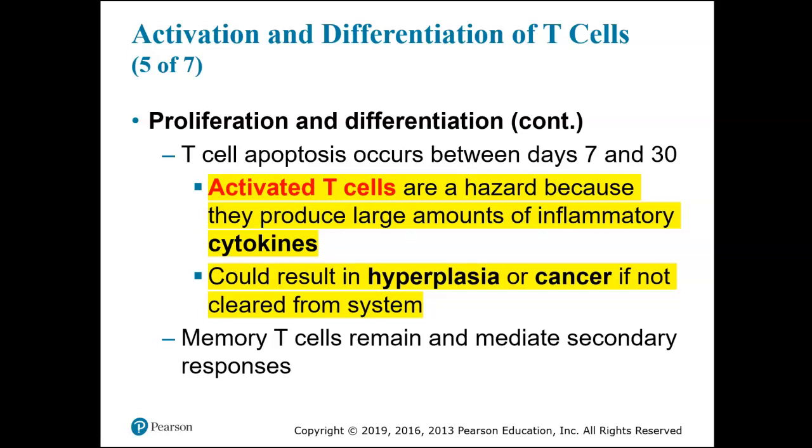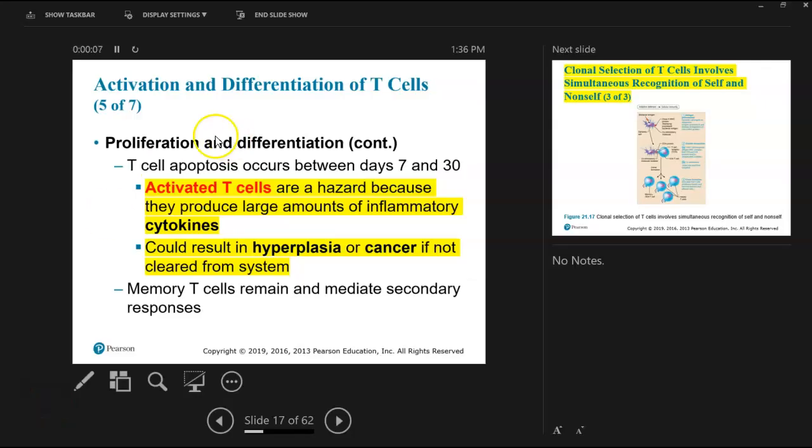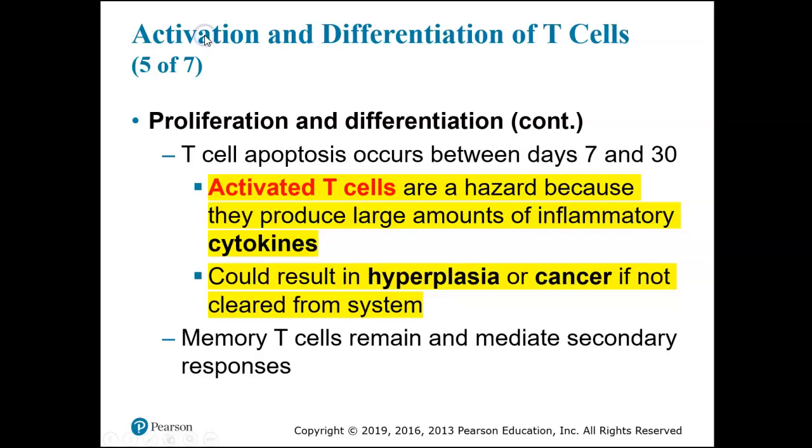And this could result in hyperplasia or cancer if not cleared from the system. And hyperplasia is just when an organ enlarges, like the kidney enlarges or the liver enlarges.